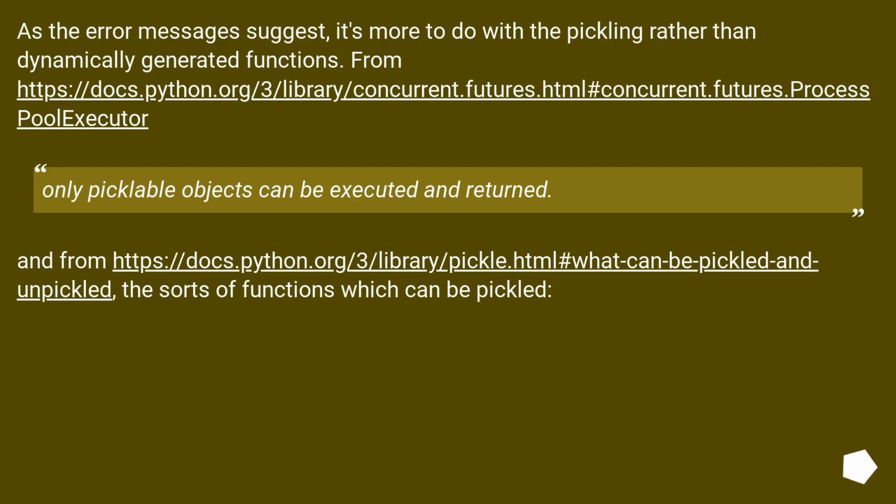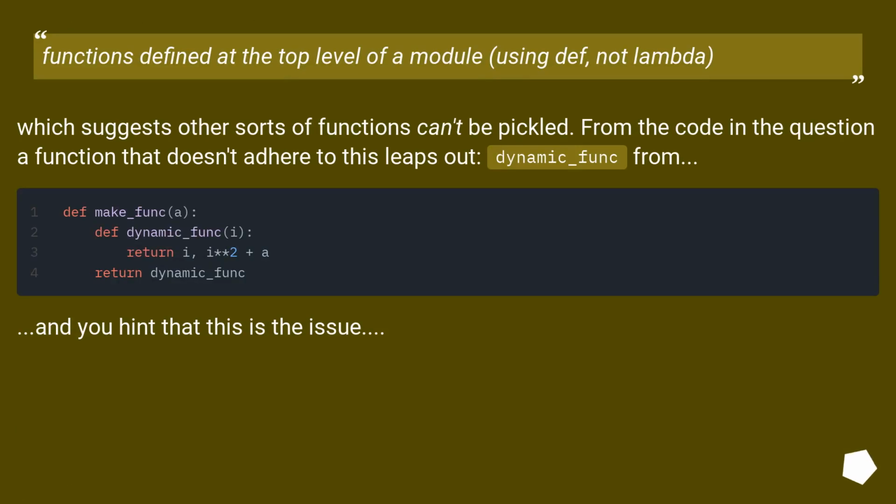As the error messages suggest, it's more to do with the pickling rather than dynamically generated functions. From this URL, only pickleable objects can be executed and returned. And from this URL, the sorts of functions which can be pickled: functions defined at the top level of a module, using def, not lambda, which suggests other sorts of functions can't be pickled.